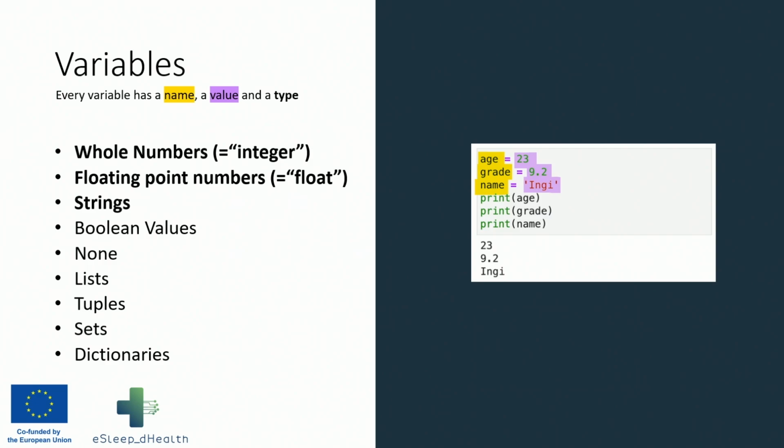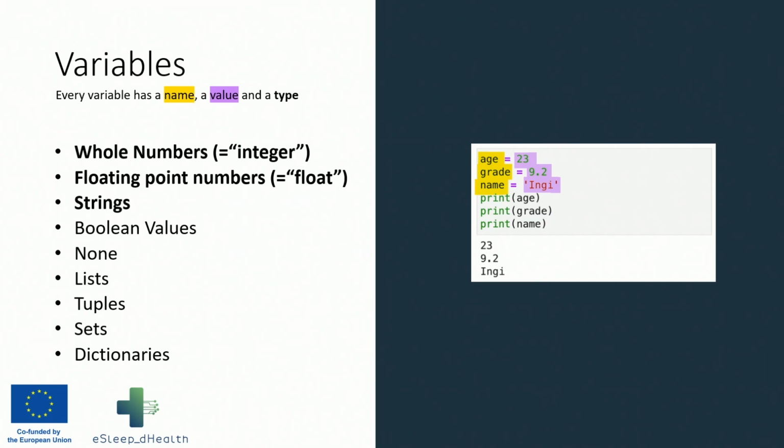Now we will look at those different types of variables, which are listed on this slide. On the right side, on the blue background, I always posted screenshots from Python that show you how these variables can be declared. What do I mean with declare? That means that you assign a name and a value to a variable.